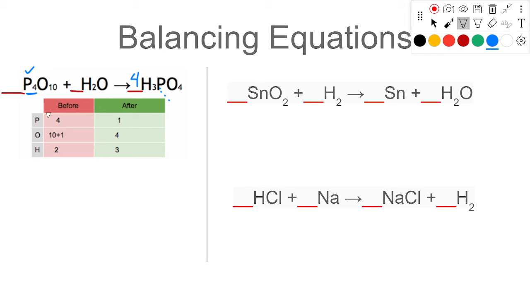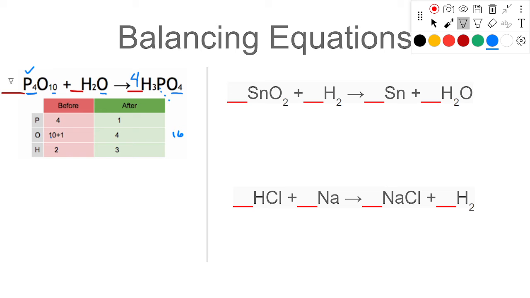I need to make sure that the oxygens work out right. So right here I have 10 oxygens, and right here I have 1 more. That's 11. When I came in here and said, okay, I've got 4 of these, on the oxygens I have 4 per molecule. 4 molecules, 4 times 4 would be 16 is what I will need to end up with.